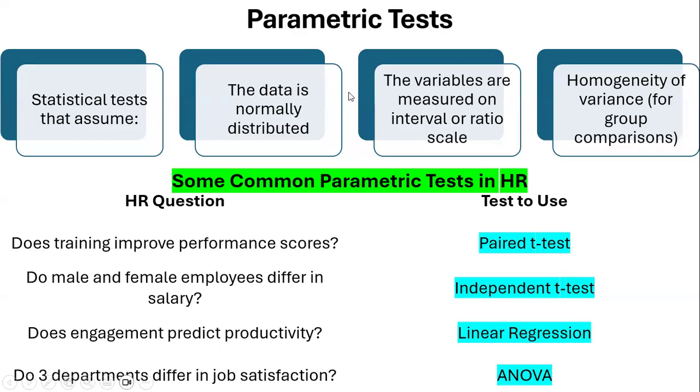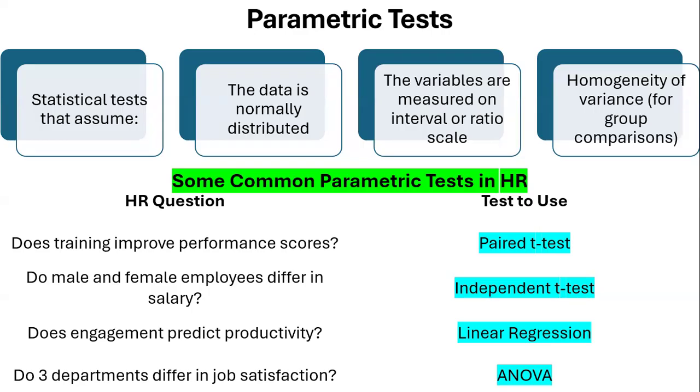So the key fundamental scale of measurement as far as parametric tests are concerned is that the variable, normally the outcome variable or the dependent variable, should be measured on either an interval or a ratio scale, which means if the variable is a categorical variable, then you cannot run a parametric test. If the variable is also defined on a nominal scale, then you cannot run a parametric test.